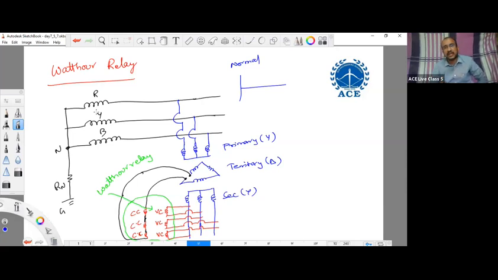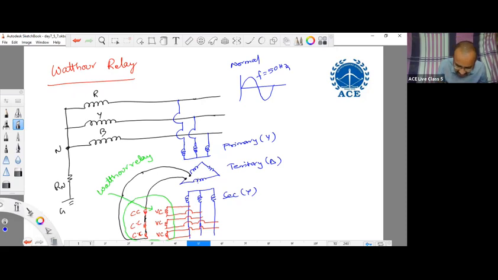Balanced. As they are balanced, there will be only the fundamental frequency, that is 50 hertz, induced in the three phase windings. The same 50 hertz voltage will be induced in primary, secondary, and tertiary. So the voltages are balanced.